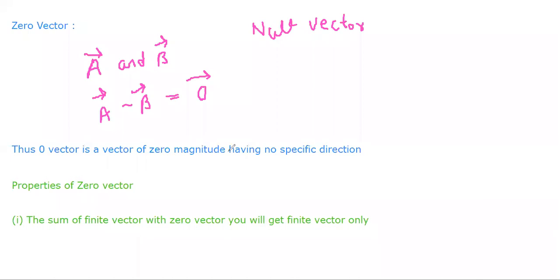So if you write it mathematically, that is a finite vector, let it be A vector, plus 0 vector. So A vector plus 0 vector will give you A vector only. This is the first property.